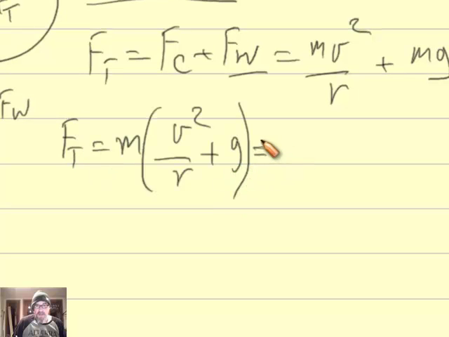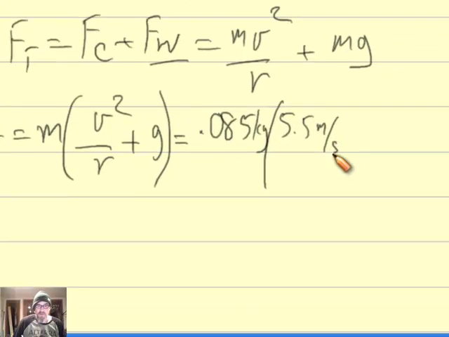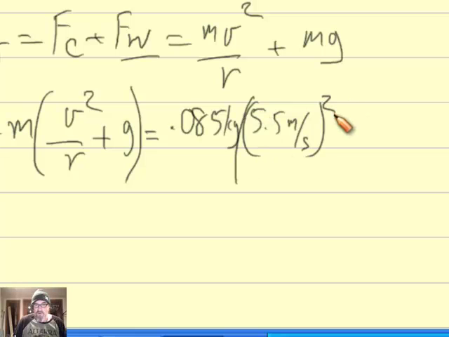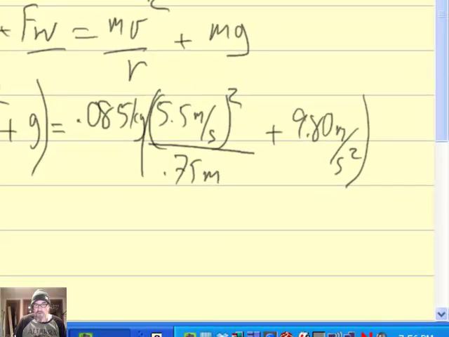Now let's plug some stuff in here. The mass of this yo-yo is 0.085 kilograms. The velocity, Vmax here, was 5.5 meters per second, and that's going to be squared. The radius of the circle is 0.75 meters, and g is 9.80 meters per second squared. Let's collapse this down and look at the units.